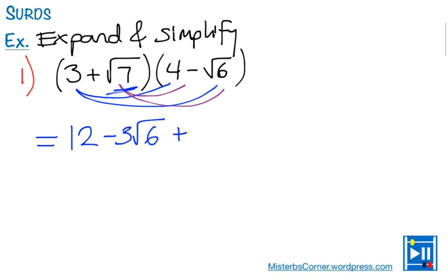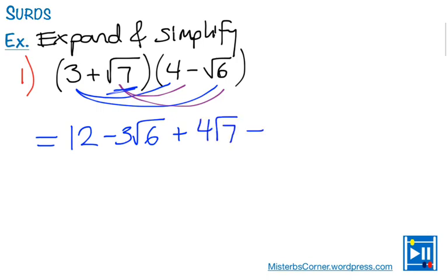Please keep in mind, I don't write root 7 times 4 like this. Doesn't make sense. The integer always comes first, because remember, we're not using the times symbol, so we have the order of integer and surd.